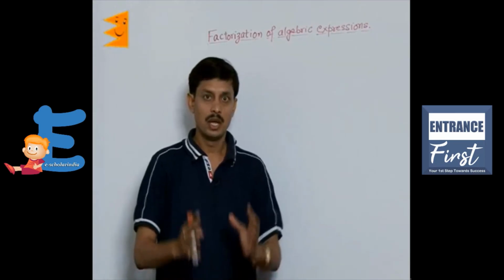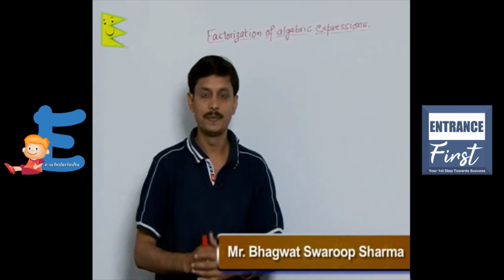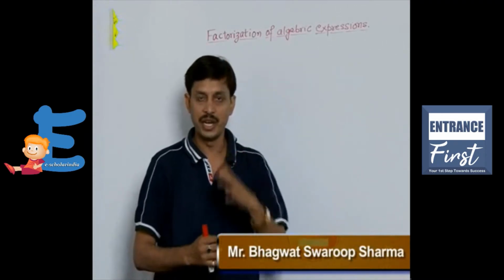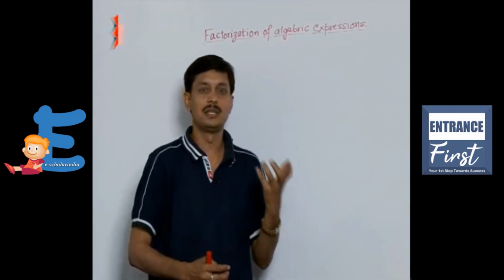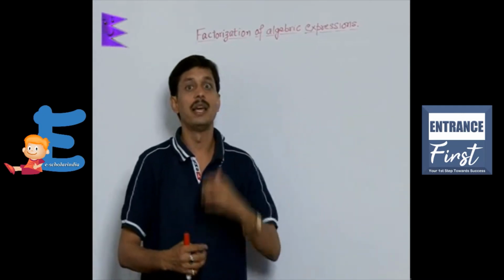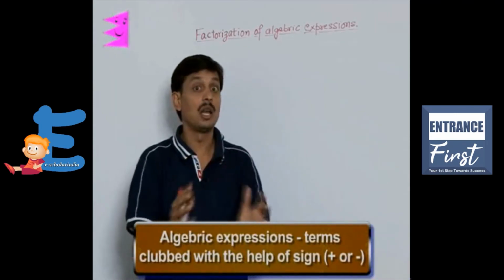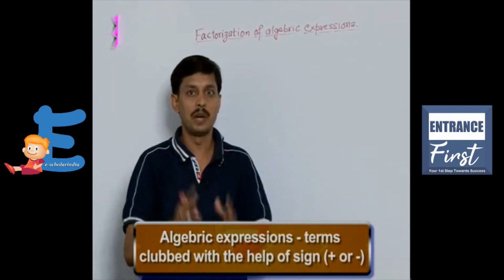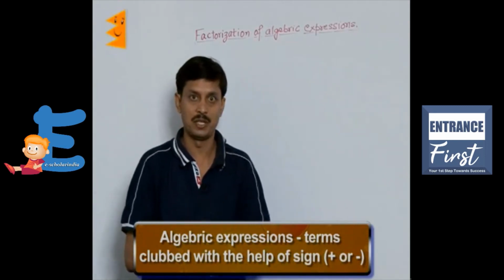As we know, an algebraic term has four things: sign, coefficient, which is a number, variable, which is an alphabet, and power. When a few terms are clubbed with the sign of plus or minus, that becomes an algebraic expression.